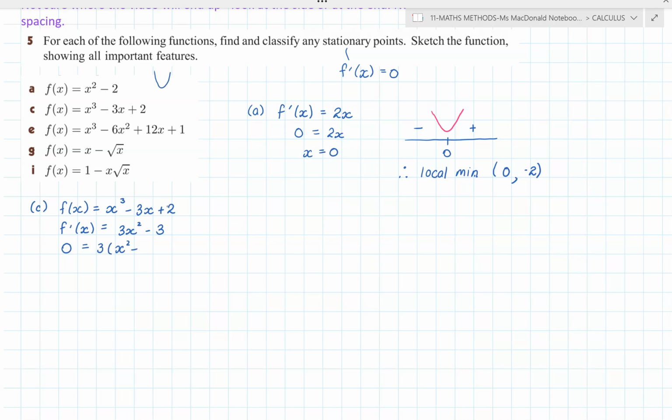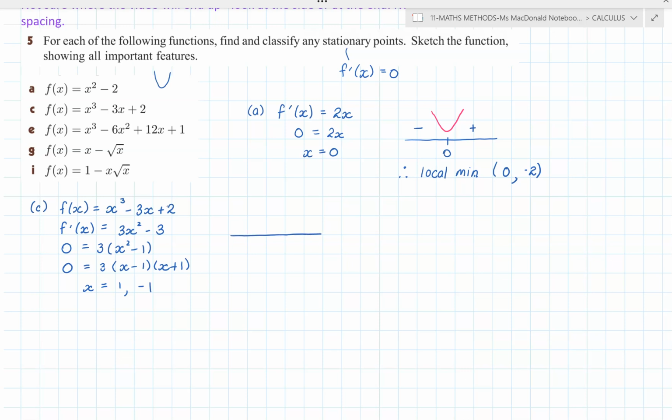I'm left with x squared take 1. Our sensational factorising skills mean we recognise that to be a difference of 2 squares. So 3 lots of x take 1, x plus 1. And therefore, what makes this equal to 0? 1 and minus 1.